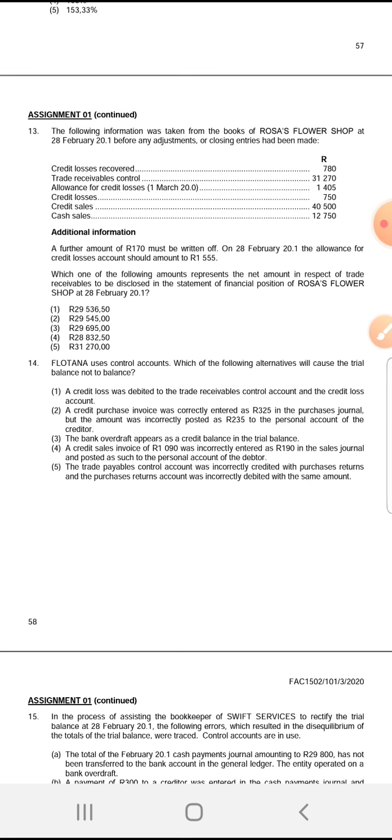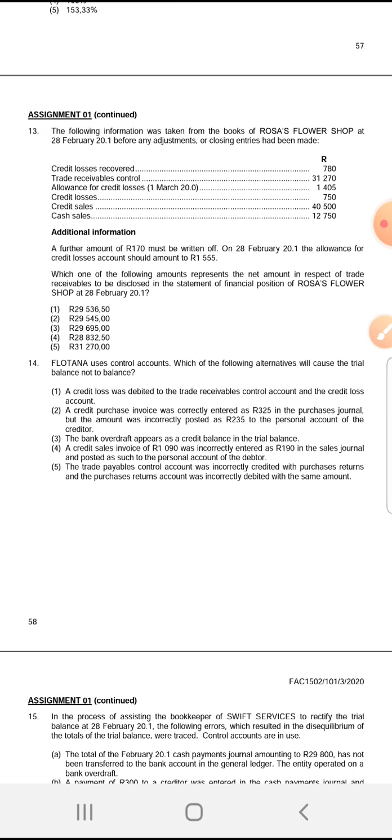We just need to adjust with the additional information. They told us that a further amount of 170 must be written off, meaning from our trade receivable amount we must reduce 170, and then our allowance for credit loss should be 150.